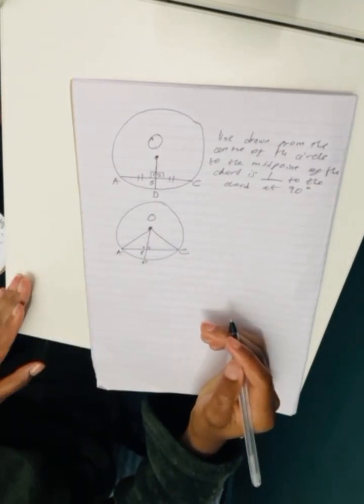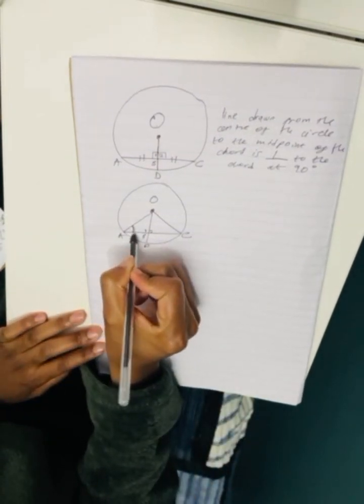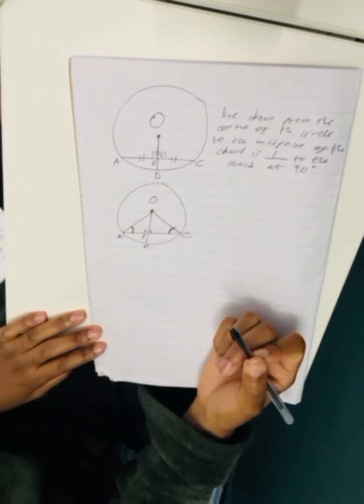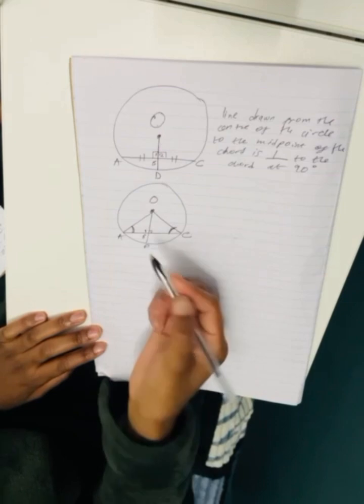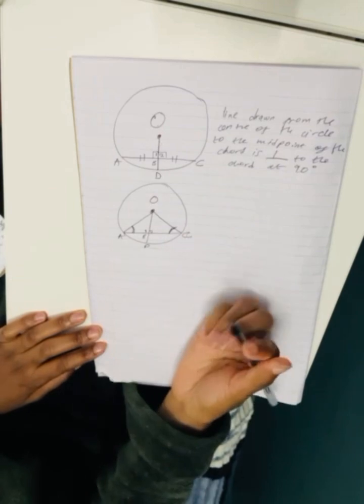So what we need to know is that the angle at A is equal to the angle at C. Why? Because these are equal radii. OA is equal to OC, which is a radii.